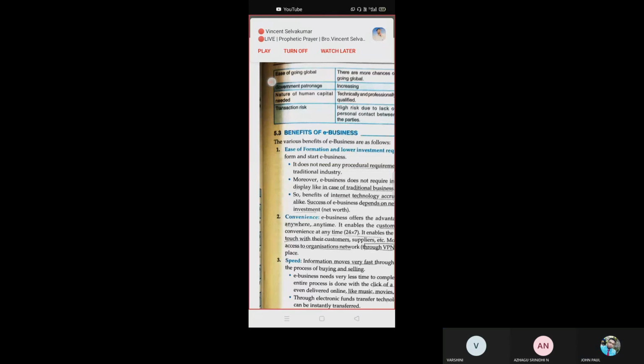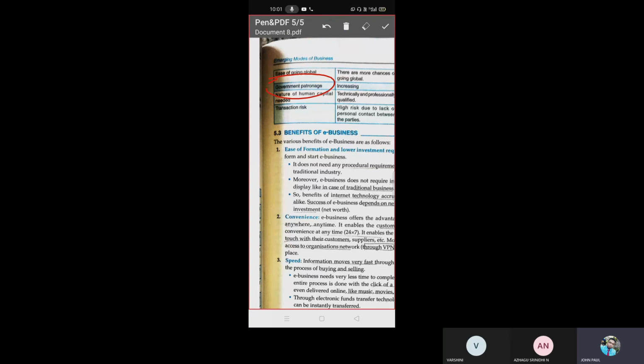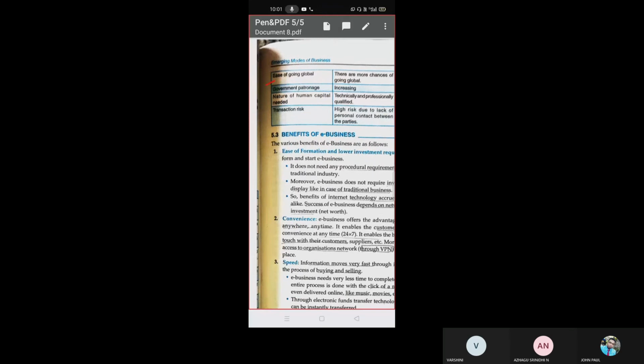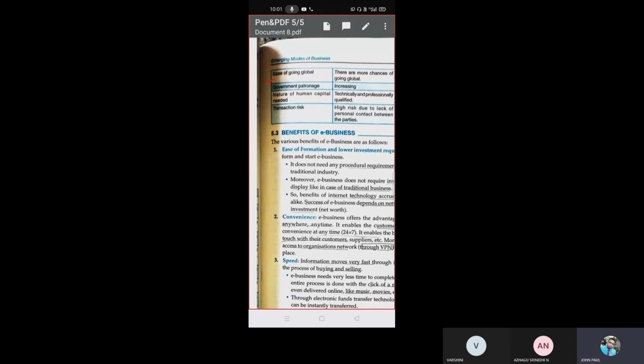Government patronage. Okay, so patronage is increasing. What is patronage? Are you there, guys? Yes, sir. So what is patronage? Anyone?